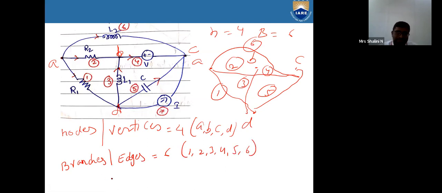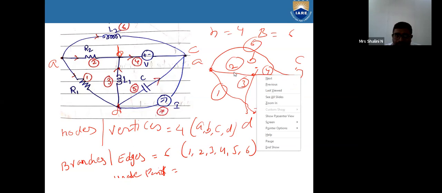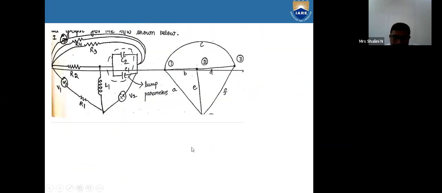Coming to the next one, node pair. How many node pairs will be there? A node pair is nothing but a combination of nodes. For example, if you take this as point A and this as point B, it is a node pair. So AB is one node pair.